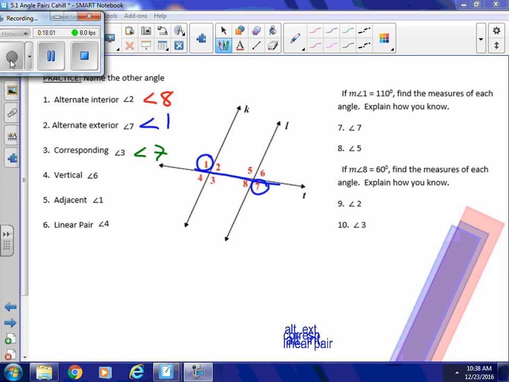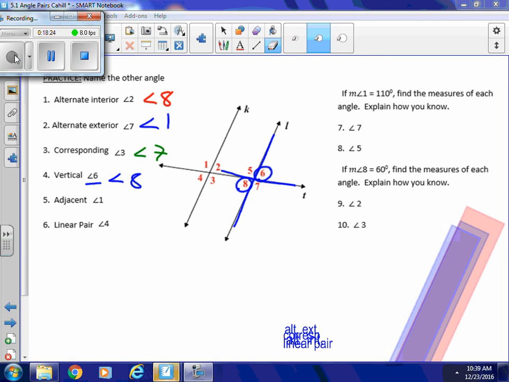Okay, now I want a vertical angle to angle 6. So angle 6 is right here, and vertical to it would be angle 8. So I've got these two lines, and they create angles that are opposite each other. So vertical to angle 6 is angle 8. Now I want adjacent to angle 1.